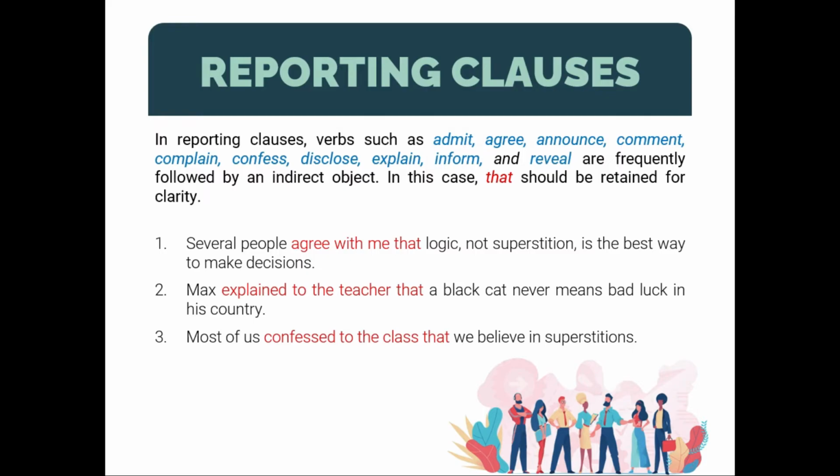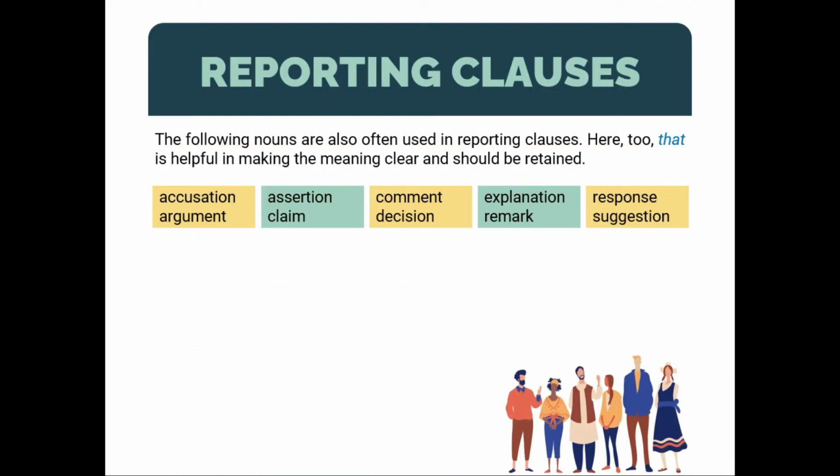Now, the following nouns: accusation, argument, assertion, claim, comment, decision, explanation, remark, response, and suggestion are also often used in reporting clauses. Here, too, that is helpful in making the meaning clear and should be retained.